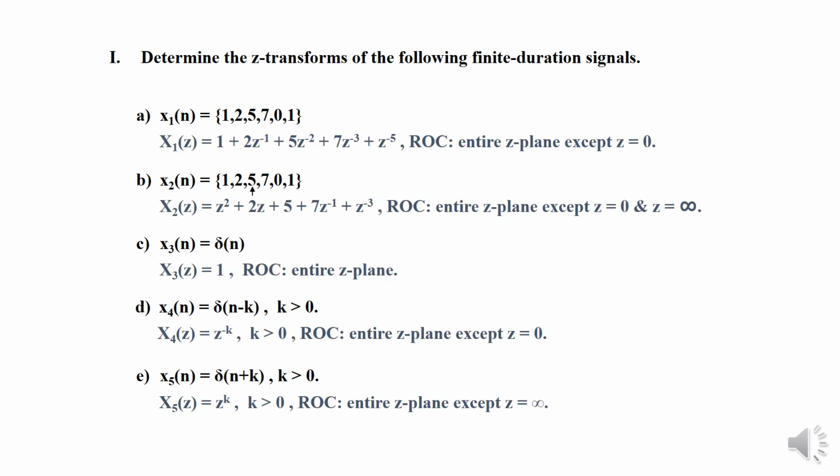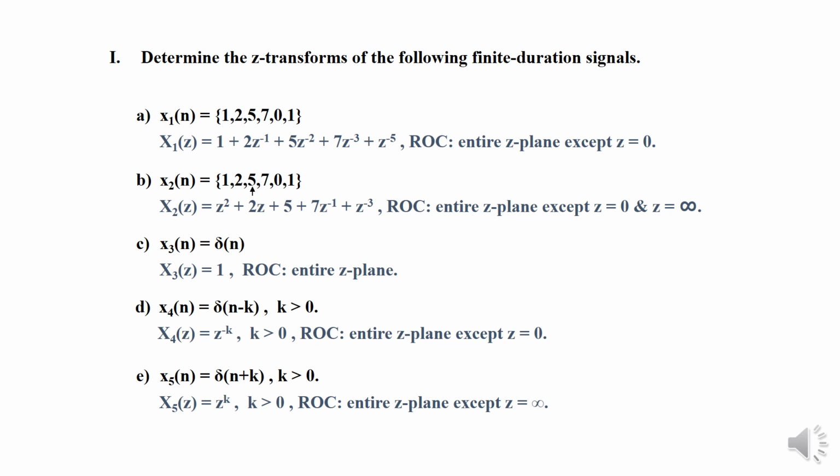We'll take a look at the first one, x1. It is 1 plus 2 z to the power minus 1; 2 is the value at n equal 1. 5 is the value at n equal 2, so 5 z to the power minus 2 plus 7 z to the power minus 3 plus 0 into z to the power minus 4, so that has cancelled out. Therefore 1 into z to the power minus 5, right?